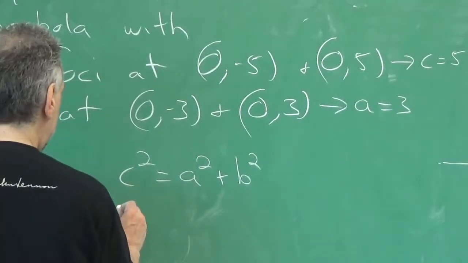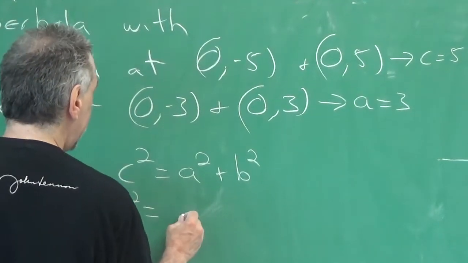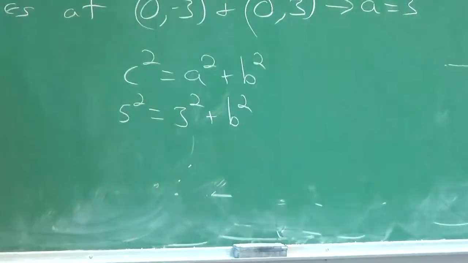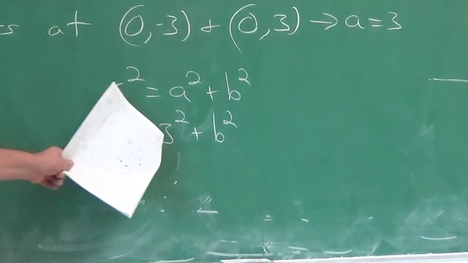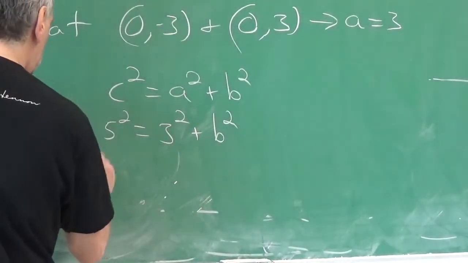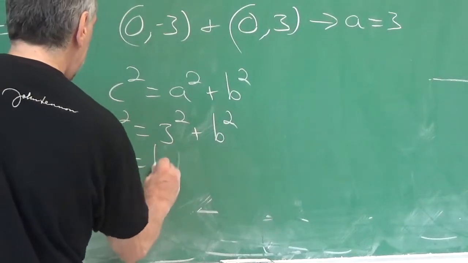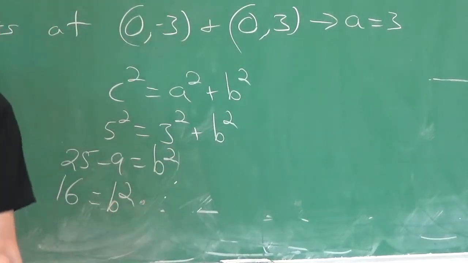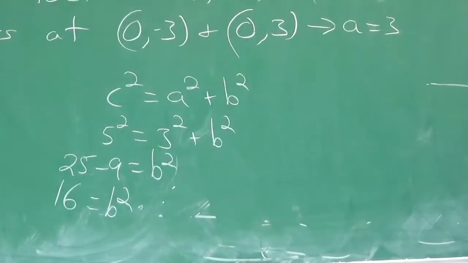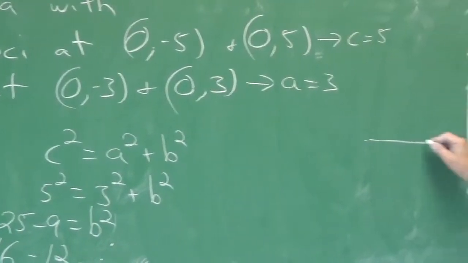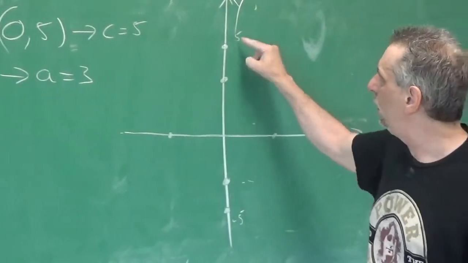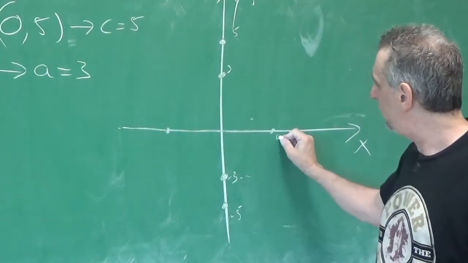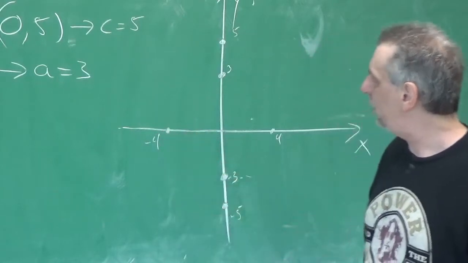And we have C squared is 5 squared, and A squared is 3 squared. So we end up with 25 minus 9 is B squared, so we get 16, which tells us that B is 4. So the B value is at 4 and -4. So this was 5, this was 3, and -3, this is 4 and -4.